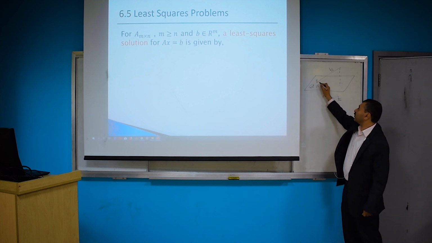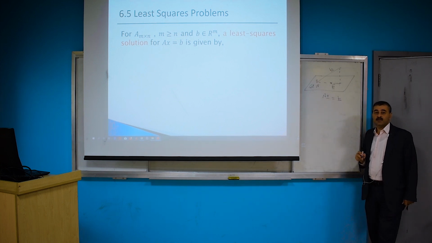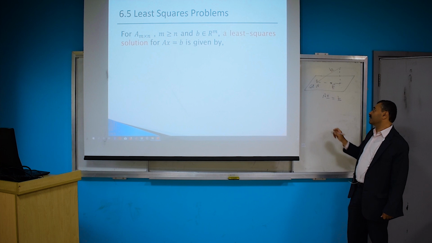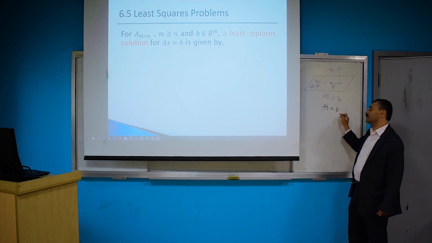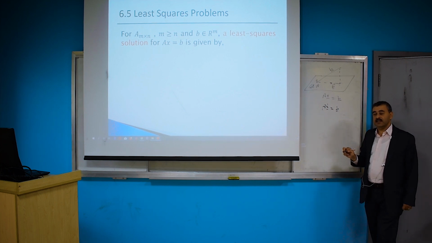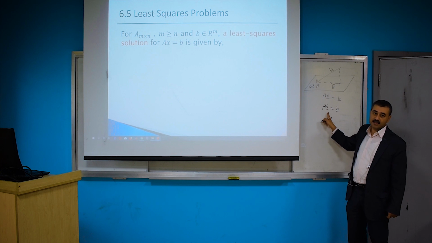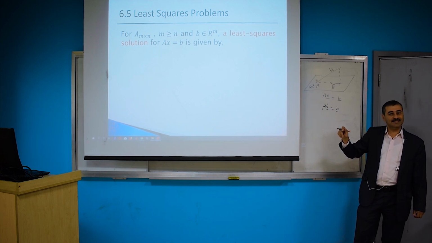to get what is called b hat, and solved actually the equivalent system A x hat equal b hat. And in the previous lecture, we derived an equation directly to get this x hat. Do you remember the equation to get x hat?